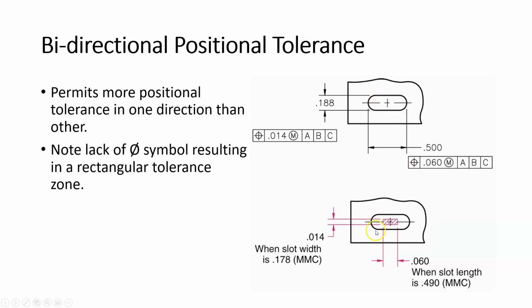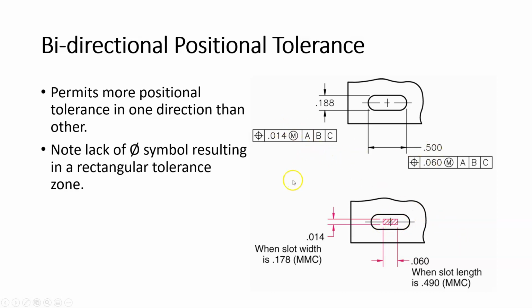What this is going to create is a tolerance zone that has different width and lengths. So in this case, the 14 thou tolerance zone creates a width of 14 thou. And the 60 thou tolerance creates a length of 60 thou. So we have a rectangular tolerance zone. Right?